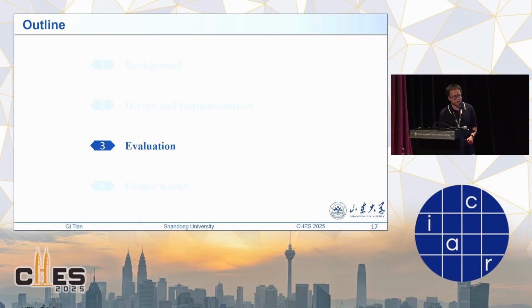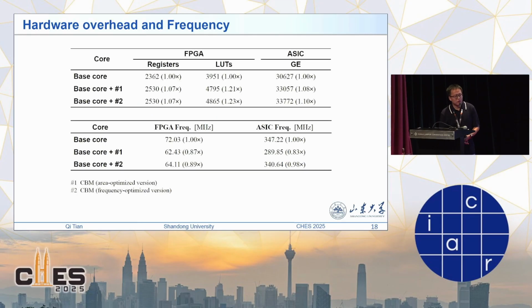Next, evaluation. We first test the hardware overhead and frequency for the two versions. In the error-optimized version, the register, LUT, and GE increased by 7%, 21%, and 8%.